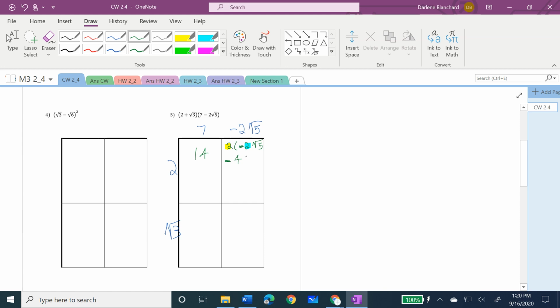The root 5, I'm just stuck with 5 under a square root. I cannot simplify that. Then I'm going to move on to this box. This box is found by multiplying 7 times root 3.